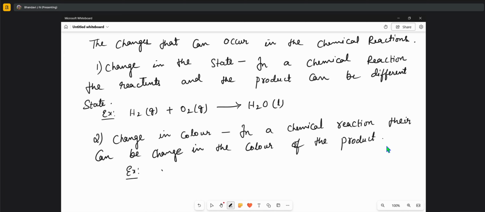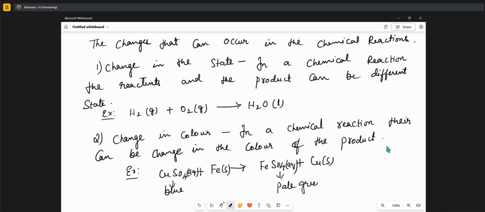Example, copper sulfate plus iron, you will get ferrous sulfate plus the copper. This is an aqueous solution, this is a solid, and this is also an aqueous solution, and this is a solid. So copper sulfate is blue in color, and this is pale green in color. Pale green, you can see.